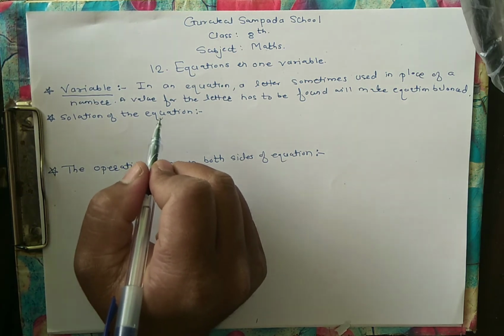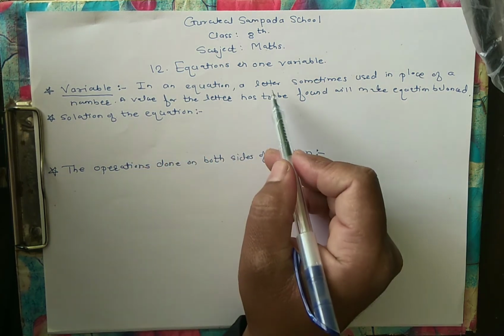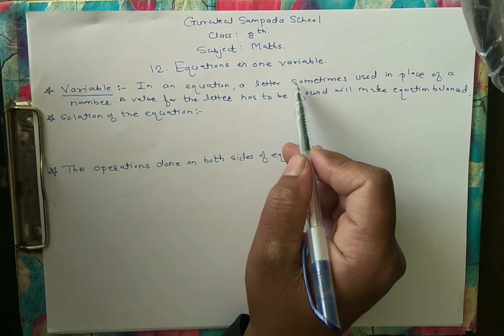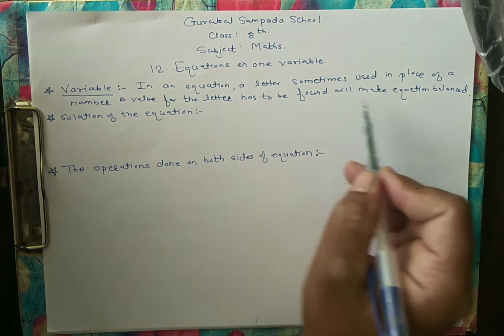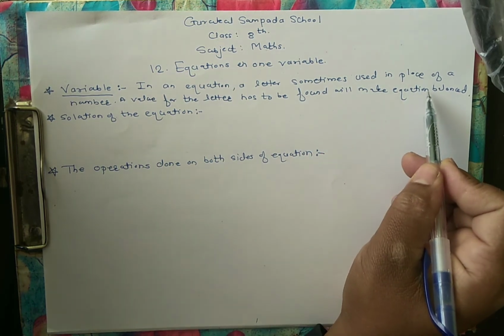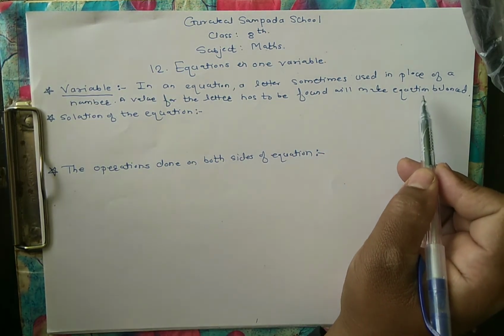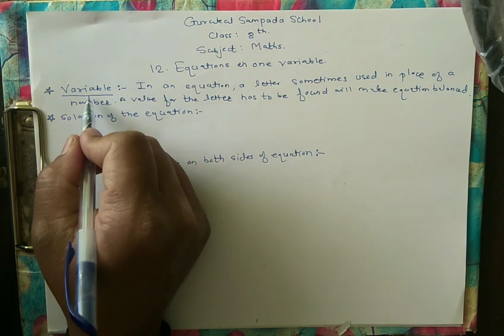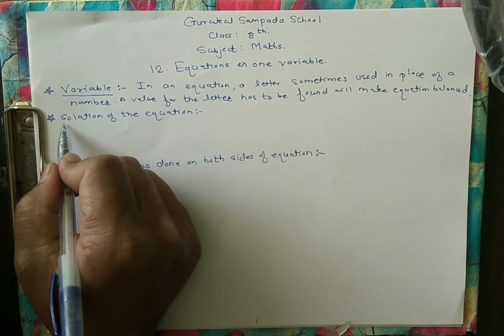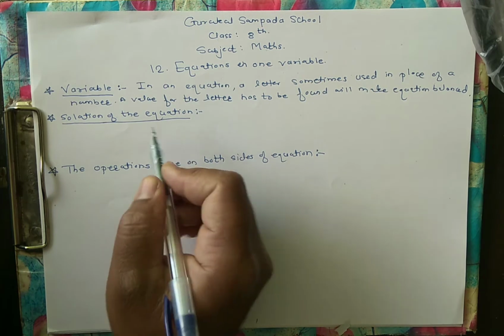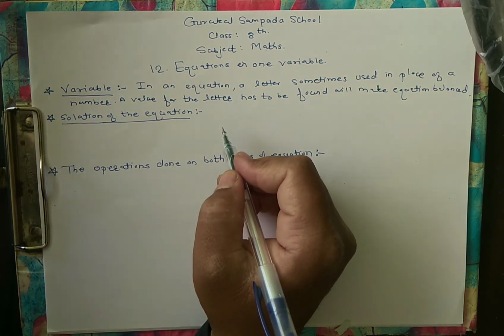So the boy's mother asked him to bring x quantity of rice. Then that x quantity, or that variable, is such that it will make the equation balance. Such a letter is called the what? Variable.